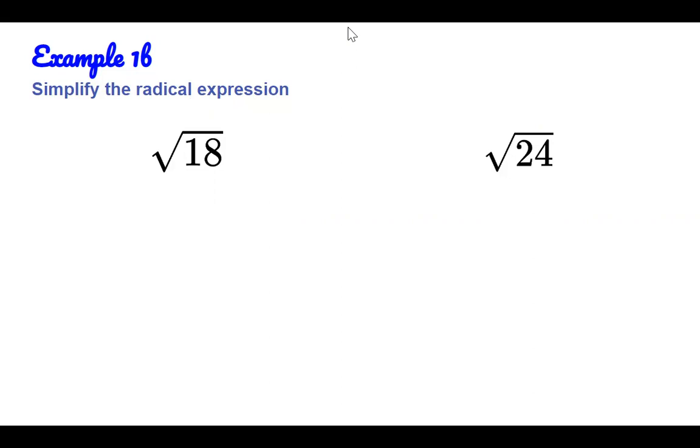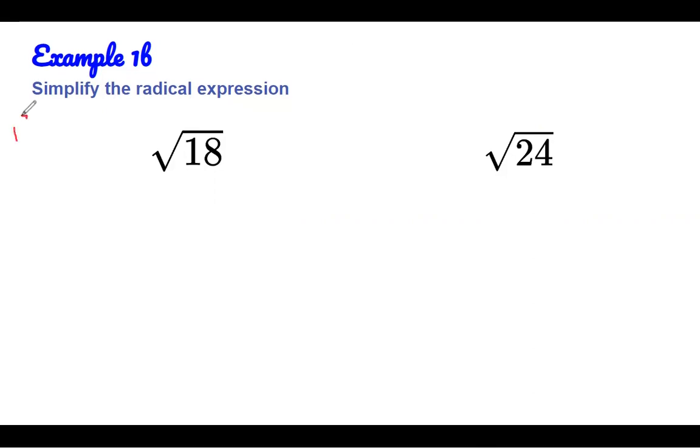But this time I want you guys to think of the list of the perfect squares that we have. So for example, let's start with 1. 1 squared is 1. 2 squared is 4. What would be my next one? 9. The next one? 16. The next one? 25. 36. 49, and so on and so forth, right? 64.